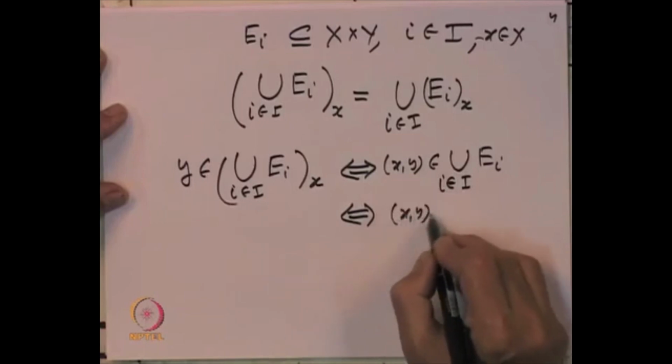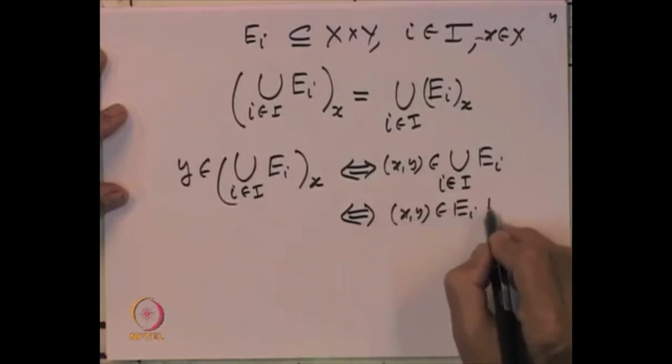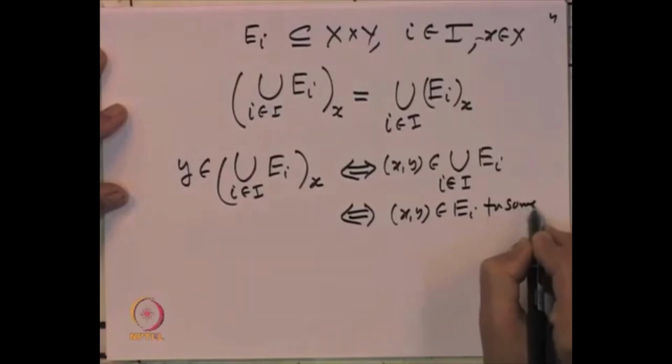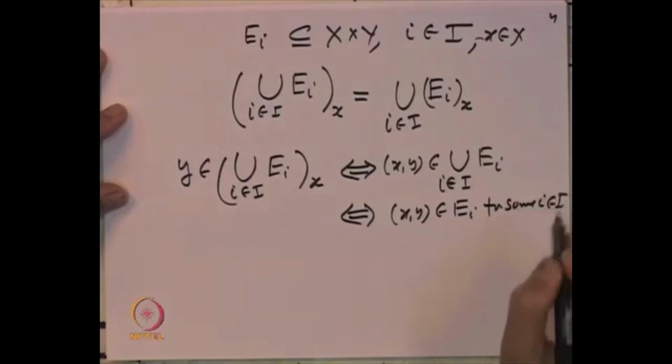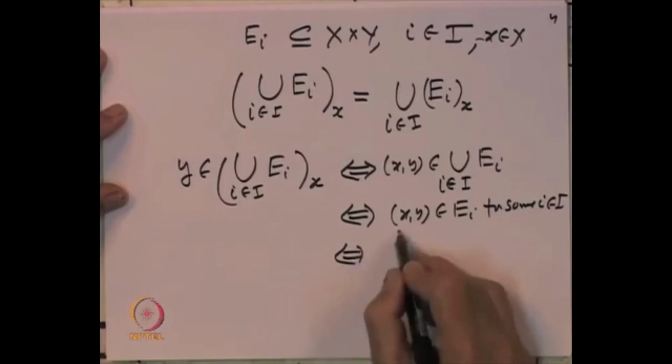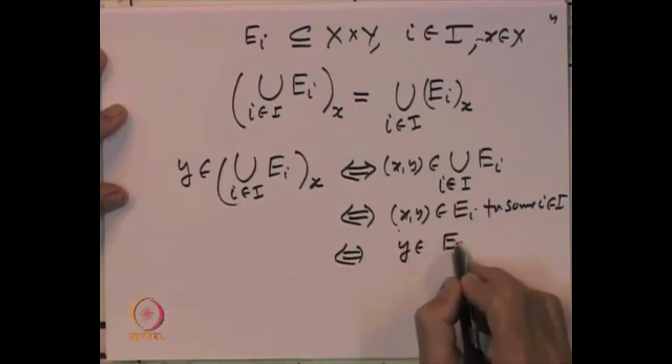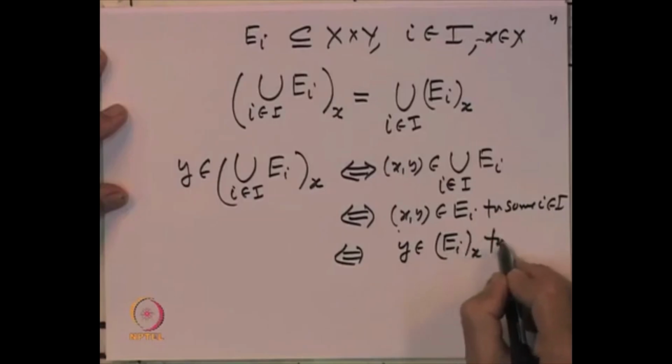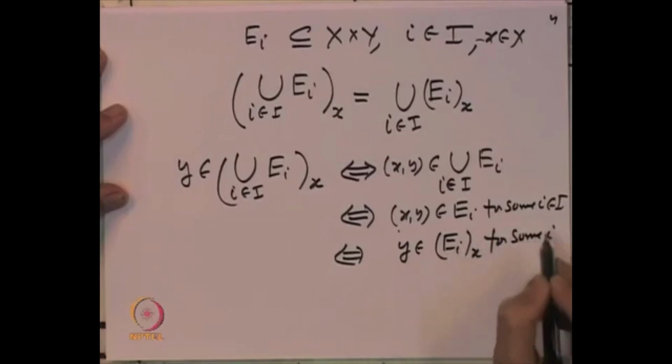So, x comma y belongs to E i for some i belonging to I. But that is the same as saying y belongs to the section of E i at x for some i.